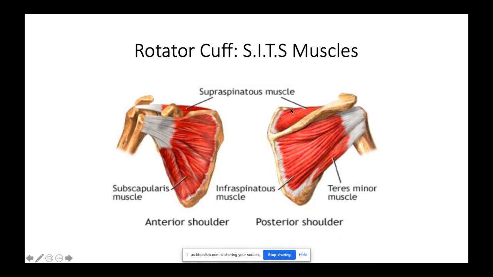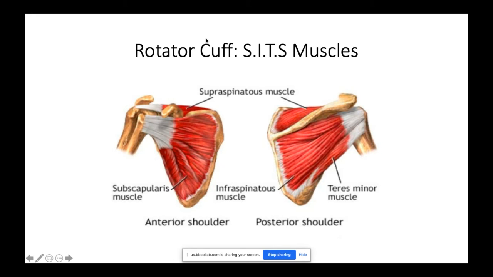I go AB, EX, EX, IN. AB, EX for external rotation, EX for external rotation, and IN for internal rotation. Abduction, external rotation, and then internal rotation.